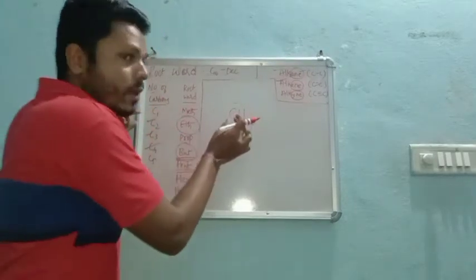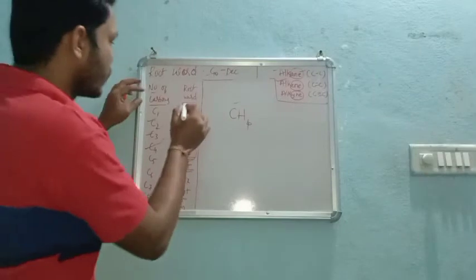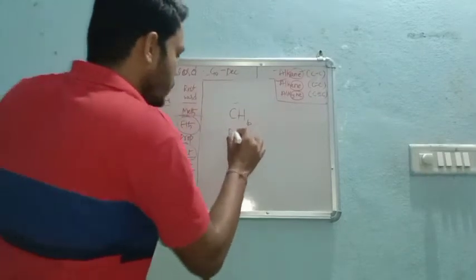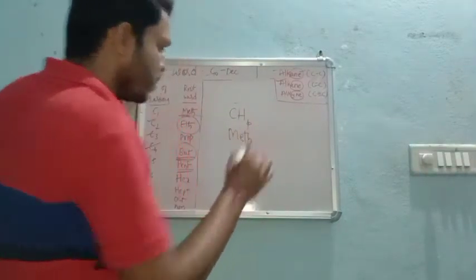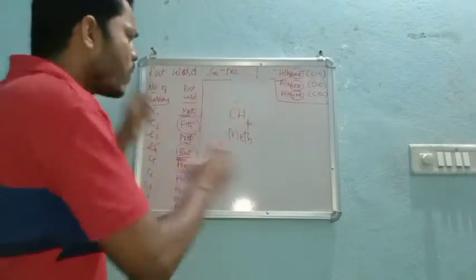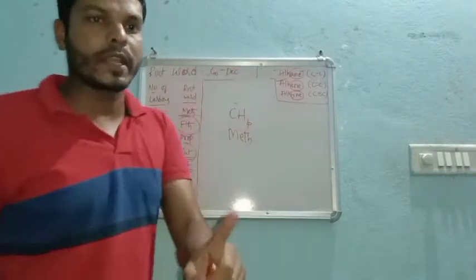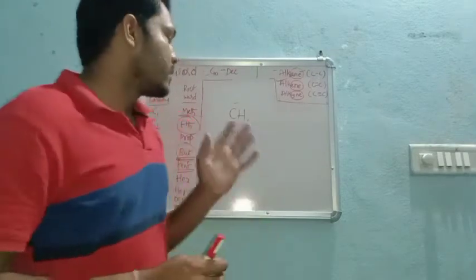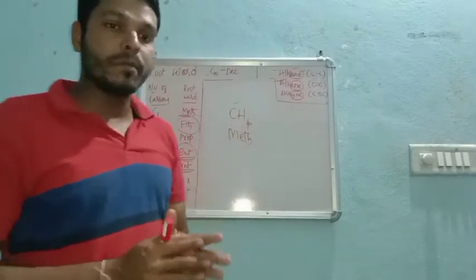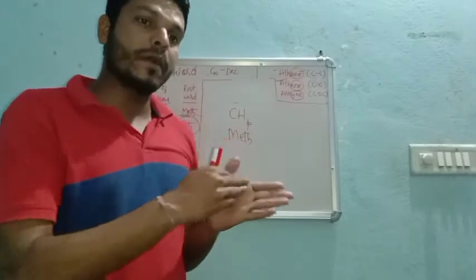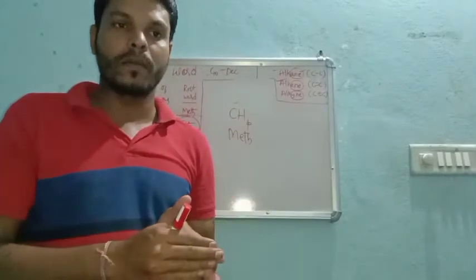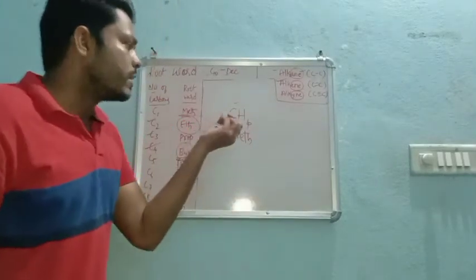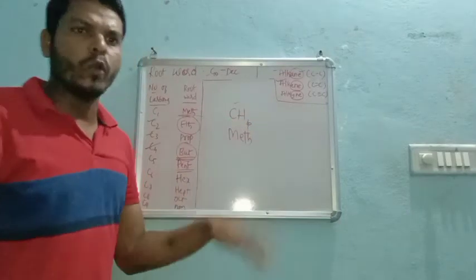See, how many carbon atoms? One means what prefix do we need to use? We need to use the prefix meth, right? Around this carbon there is only one carbon. But what is an alkane or saturated hydrocarbon? Saturated hydrocarbons are those in which between carbon and carbon there is a single bond. Here there is only one carbon atom, so there is no need to go for that.